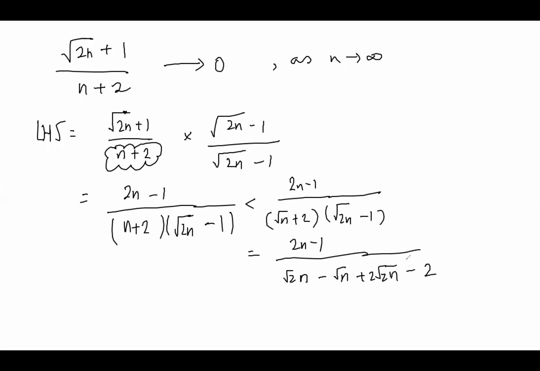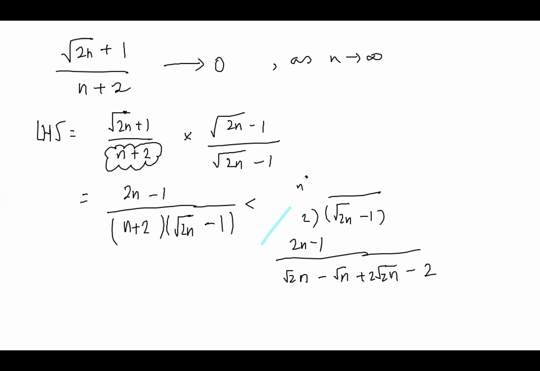Is it getting clearer or more complicated? What I am doing is that I'm not multiplying with the square root of 2n minus 1. I just multiply the numerator and denominator with the square root of n only.